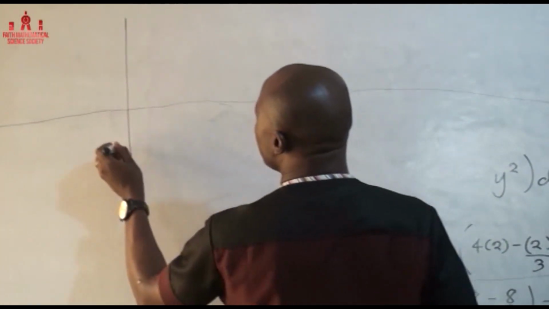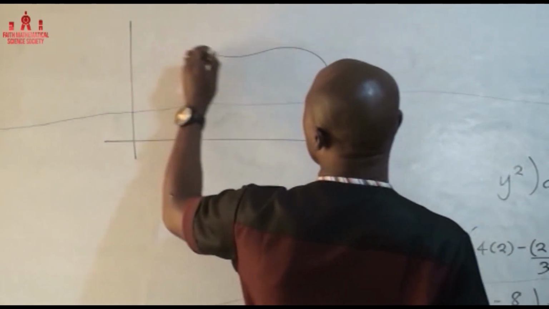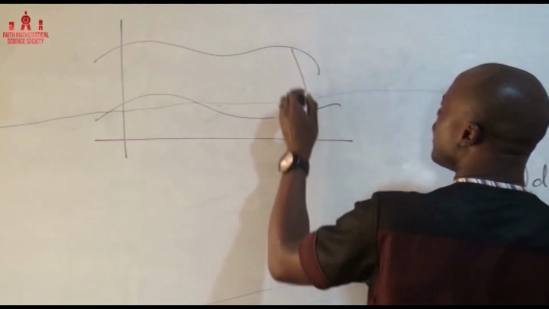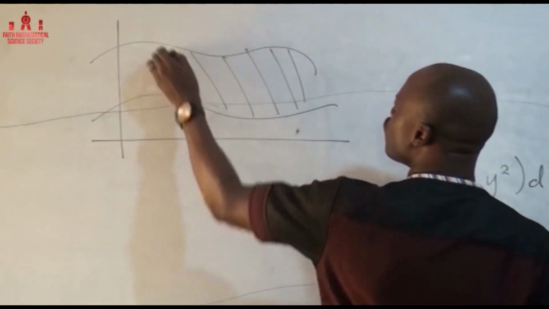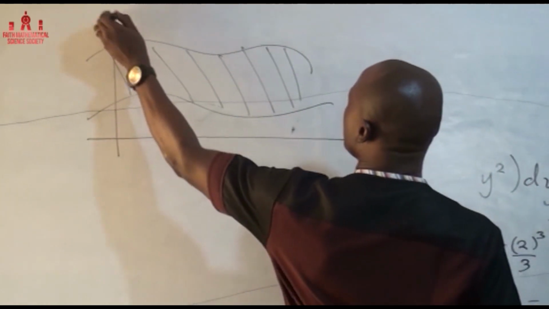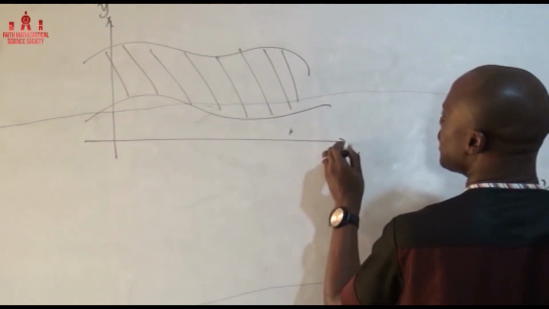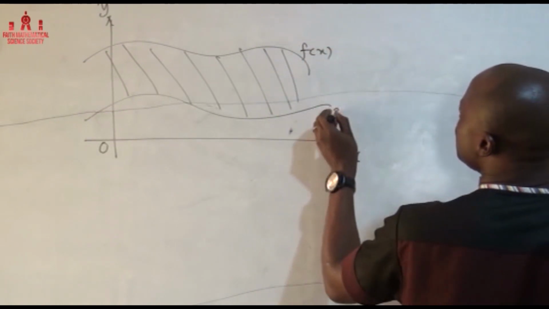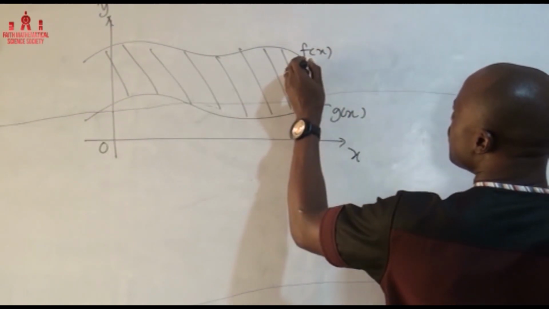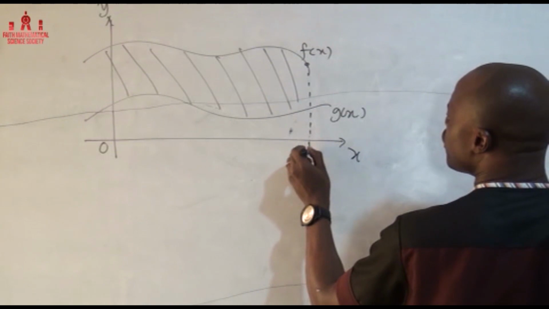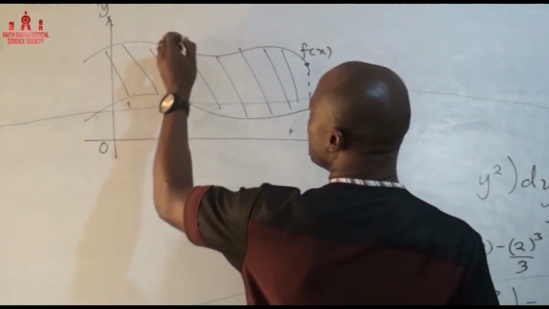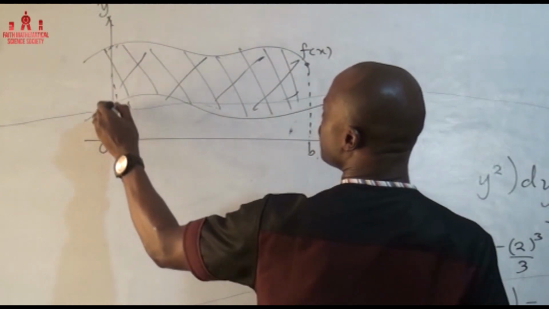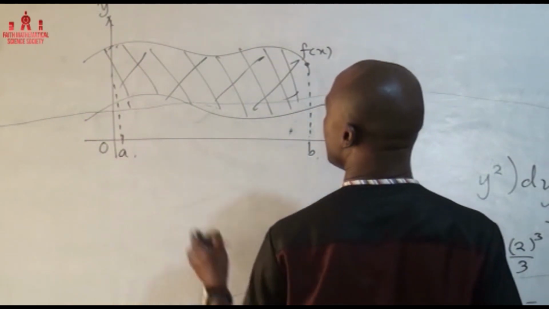In some cases in mathematics, it is possible for me to have one curve here and have another curve here. I can actually find the area between these two curves. So if this is the y-axis and this is the x-axis and this is my origin, and this is f of x and this is g of x, and these points can be traced to the point B on the x-axis, and these points here can be traced to A on the x-axis.